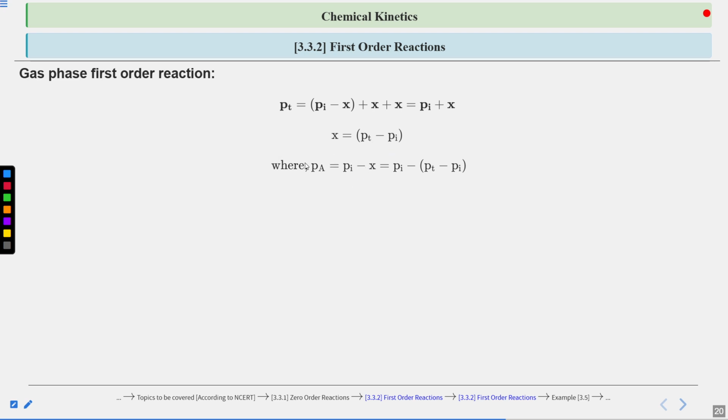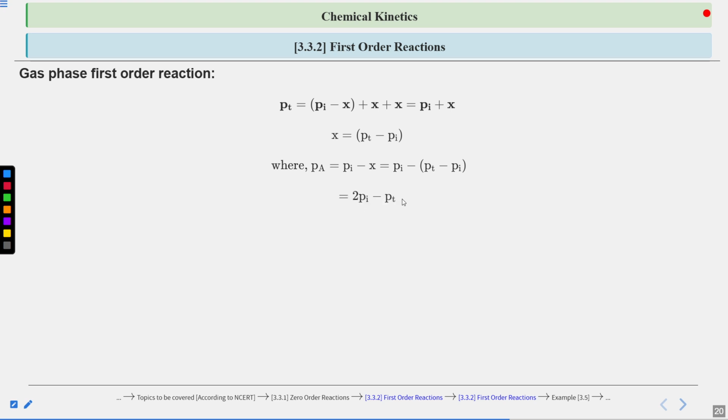The pressure of A, the pressure of the reactant, is Pi minus x. x is Pt minus Pi, so we put it inside: Pi minus (Pt minus Pi). The minus going inside gives Pi minus Pt plus Pi, so Pi becomes 2Pi. It will be 2Pi minus Pt.